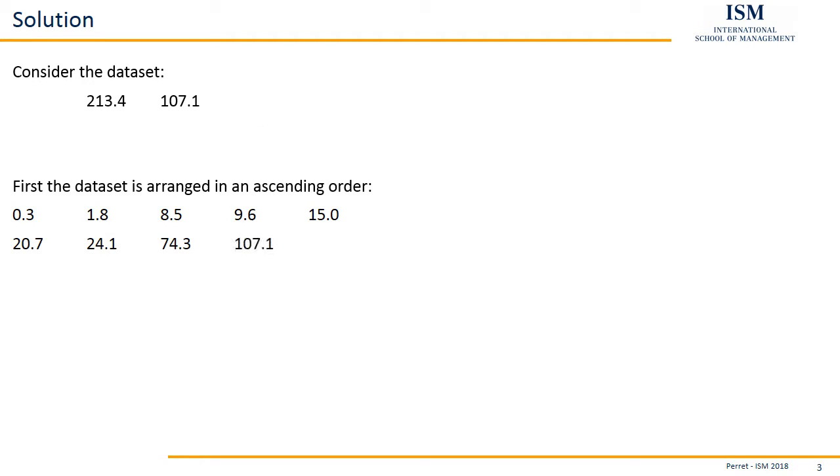We do this for all the different data points, always erasing them from the data set so that none of the values is considered more than once. And here, finally, we have an arranged and ordered data set.